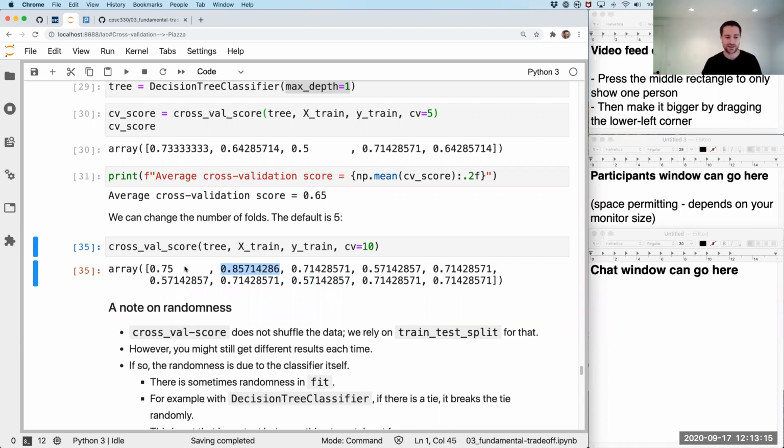People typically average the numbers, but it's nice to actually look at the numbers and say, well, hey, how much are these varying? Because that gives you a sense of trust. It's basically saying, if I had split it one way, I'm getting 86%. And if I'm splitting it another way, I'm getting 57%. But it shouldn't really matter how I split it. That's just a random thing in my code.